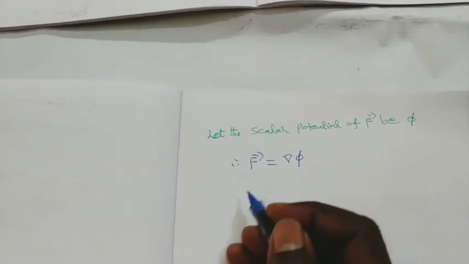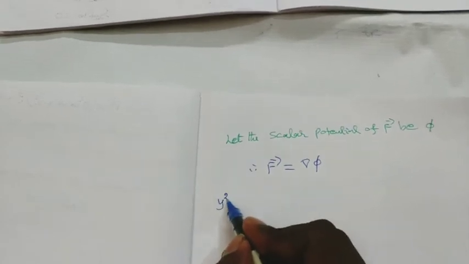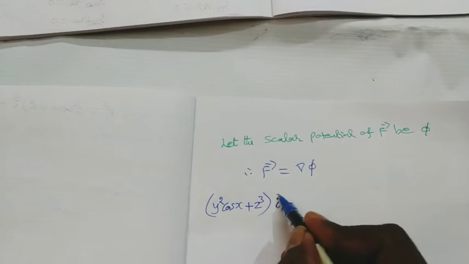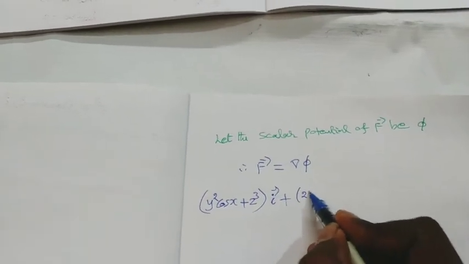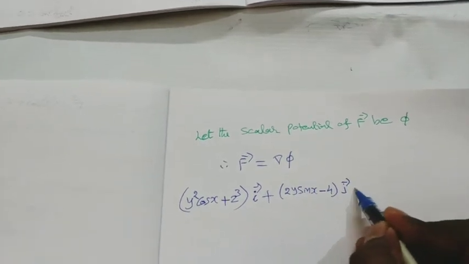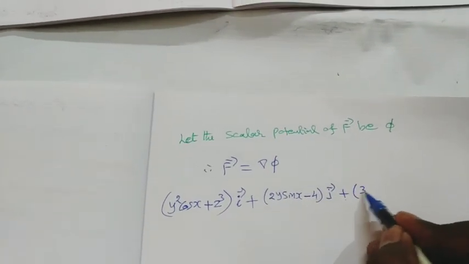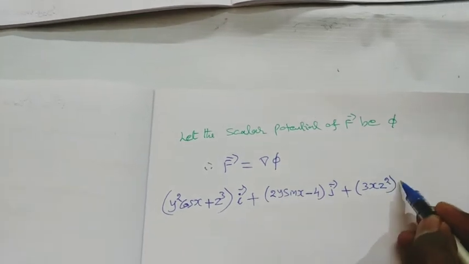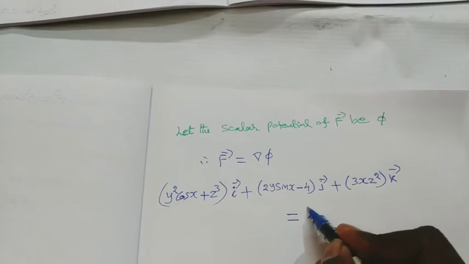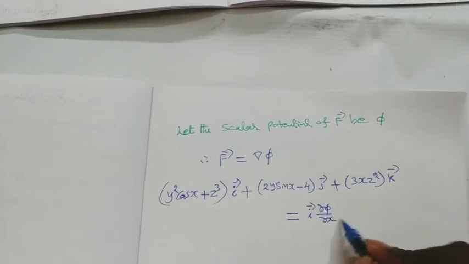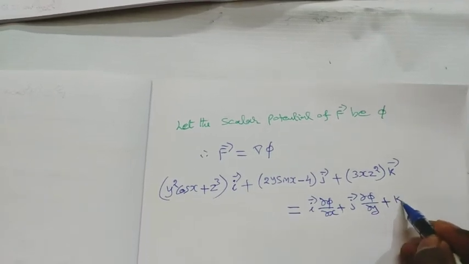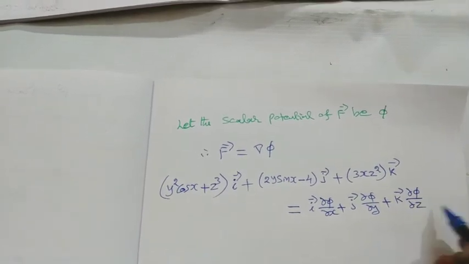F vector is given in the problem (y² cos x + z³) i plus (2y sin x − 4) j plus 3x z² k is equal to del phi. What is del phi? i vector into ∂phi/∂x plus j vector into ∂phi/∂y plus k vector into ∂phi/∂z.